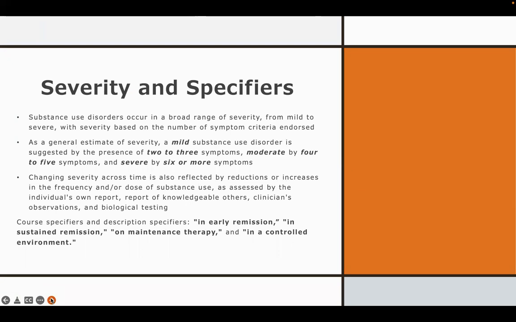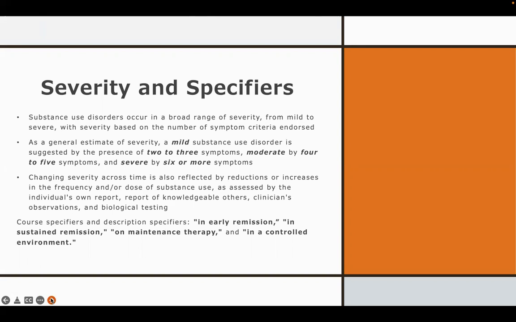Each of these substances has 11 criteria in criteria A. To be considered mild, you are meeting 2 to 3 of the criteria in criteria A. For moderate, you're meeting 4 to 5 of the symptoms. And to be considered severe, you are meeting 6 or more of the symptoms in criteria A.